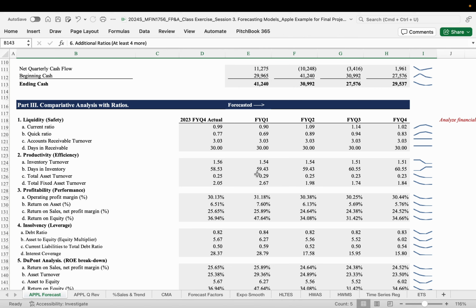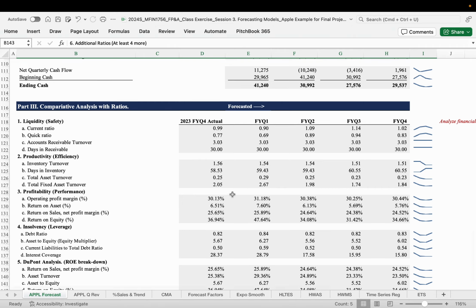That's why in the investment report, the financial ratio analysis comes before valuation, before assumptions or after assumptions, right? We can use these financial ratios to make the forecast or to analyze the result.